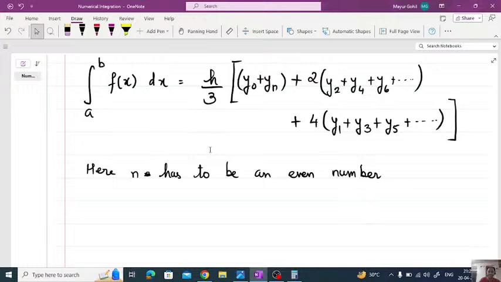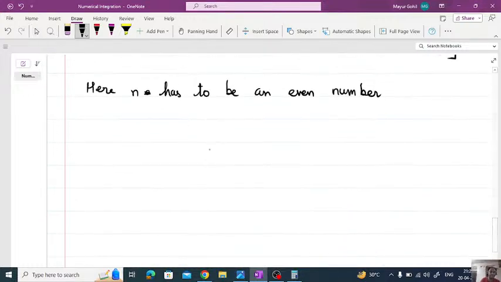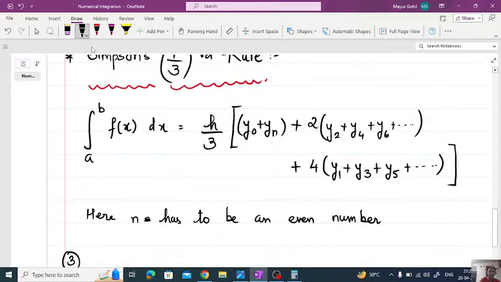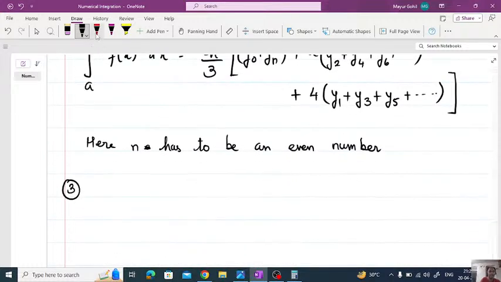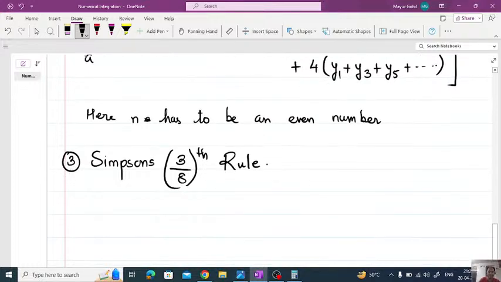Another thing, Simpson's 3/8 rule. The third one is Simpson's 3/8 rule. Now, what is Simpson's 3/8 rule?